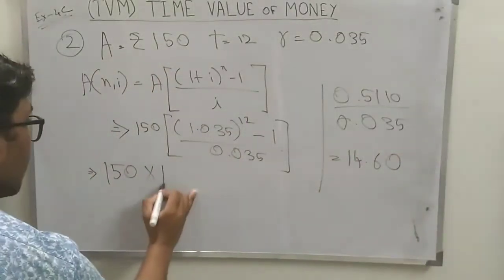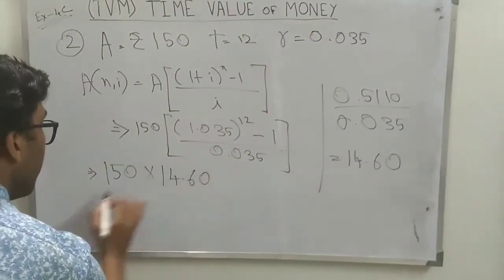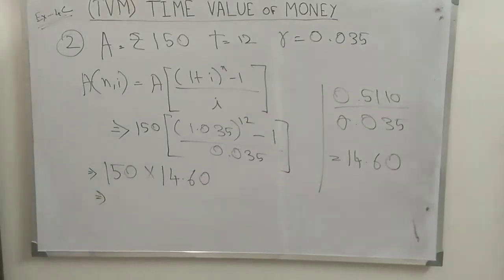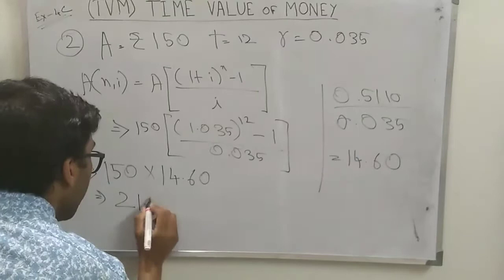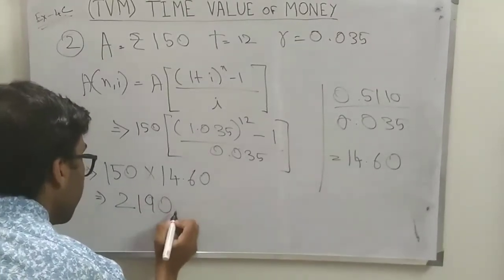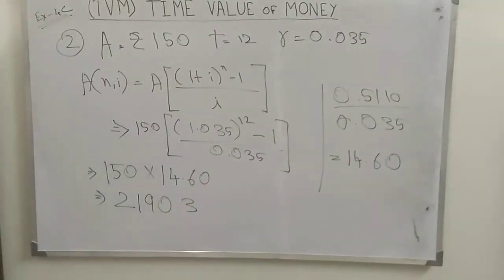That means 150 into 14.60, 2190.3. Option number A.